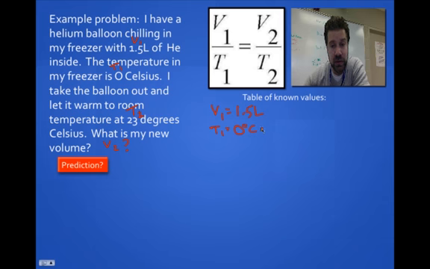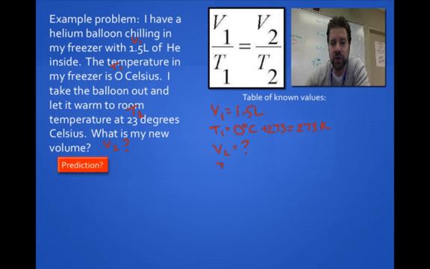Now, with temperatures, you're going to want to get in the habit of changing them to Kelvin temps. And to do that, we add 273 to our Celsius temps. So 0 plus 273 equals 273 K. It's that easy. With our V2, we said that is what we're trying to find, so I'm going to put a question mark there.